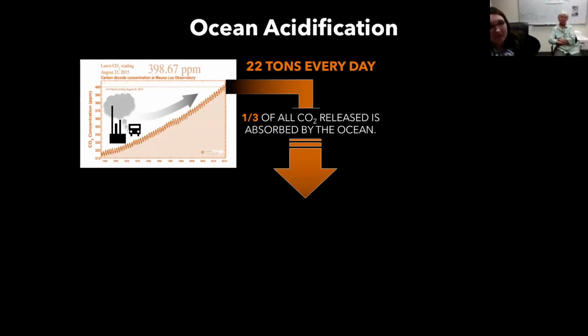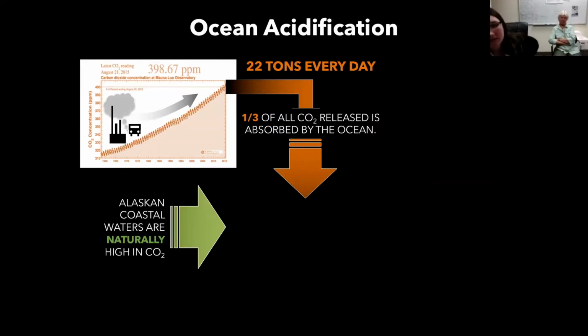So just very briefly, for those of you who don't know much about ocean acidification, it is a really big challenge in the Arctic. As we, as humans, emit CO2 into the atmosphere, about 1/3 of it is absorbed by the ocean. In these Arctic areas, these waters are already really naturally high in CO2 because of their colder temperatures and the age of the water that is in this area.